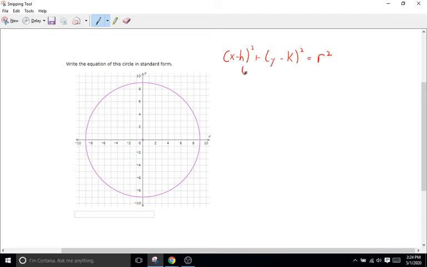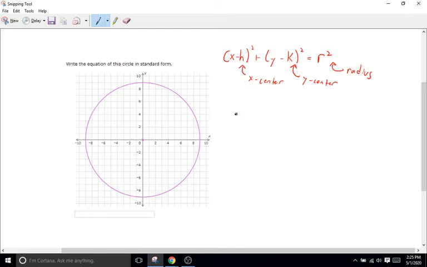And remember, h is the x-coordinate of our center, k is the y-coordinate of our center, the circle center, and r, as you might imagine, is just the radius. Okay, so we've got to systematically pinpoint h and k and r, and once we do that, we plug them in and we're done.